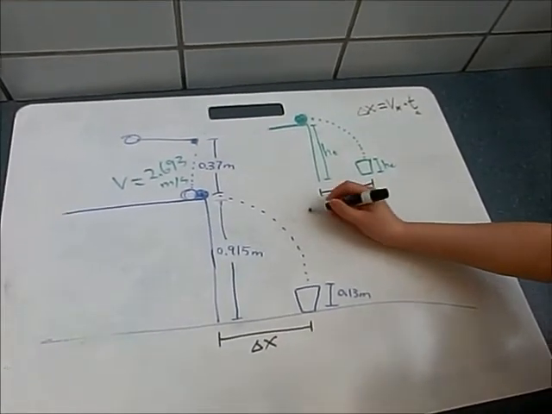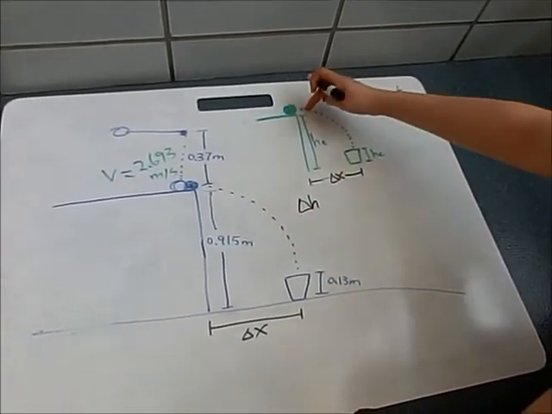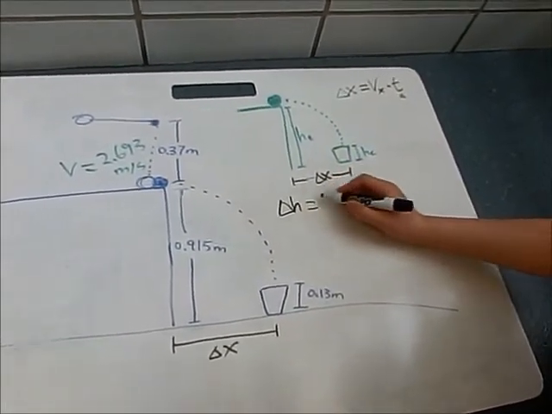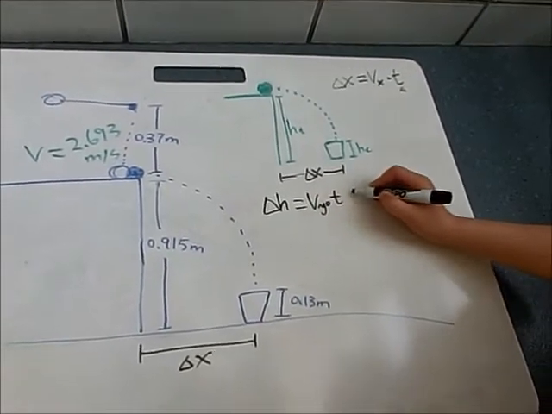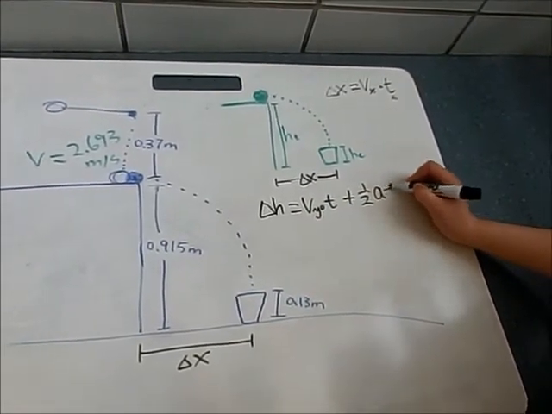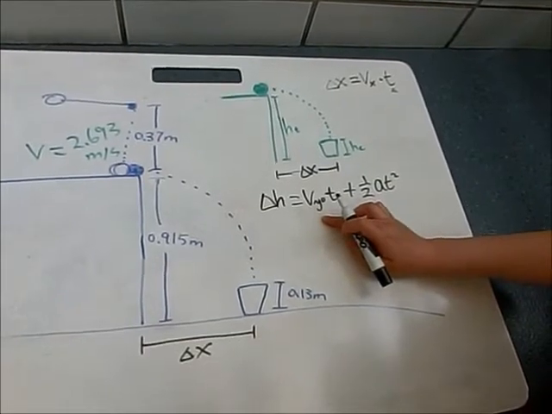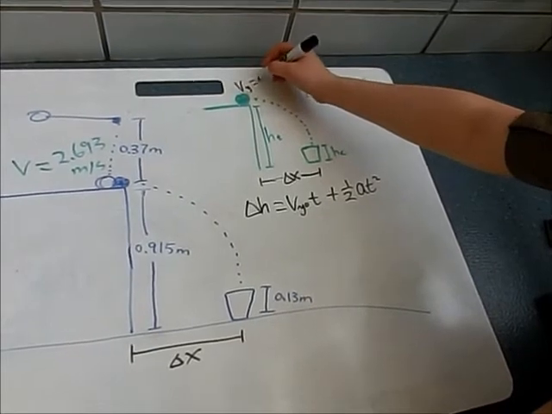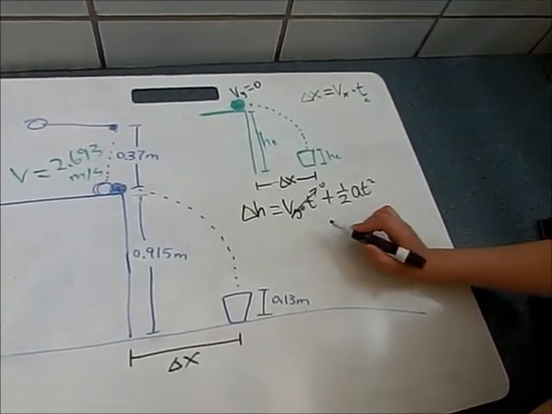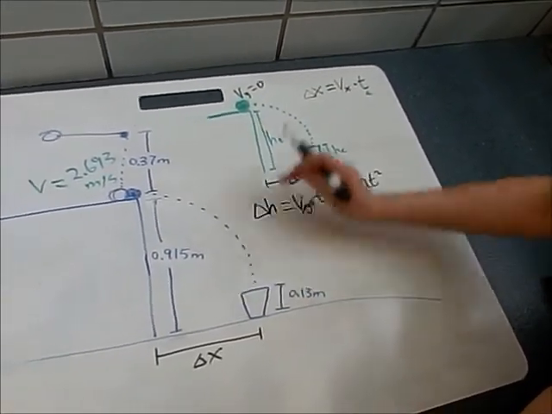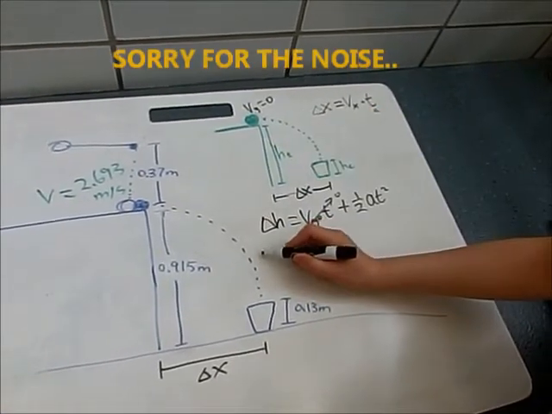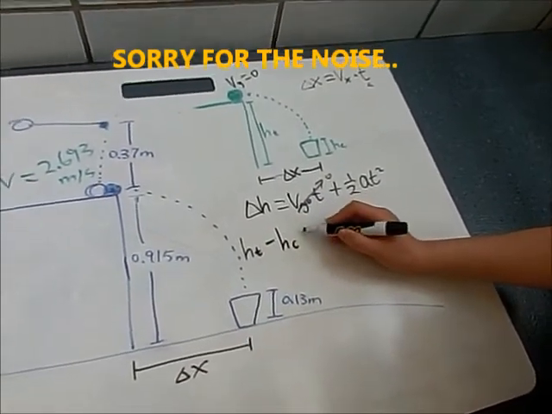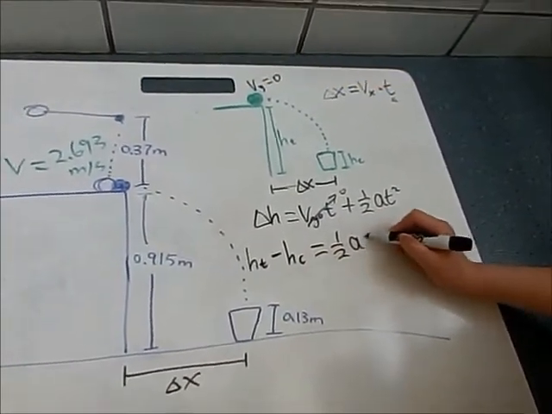The change in h, from the top of the table to the top of the cup, equals v(y naught) t plus 1/2 a t squared. And v(y naught) is the speed when the ball's here at this position, which is 0, so that goes to 0. The change in h is the h of the table minus the h of the cup, which equals 1/2 a t squared.